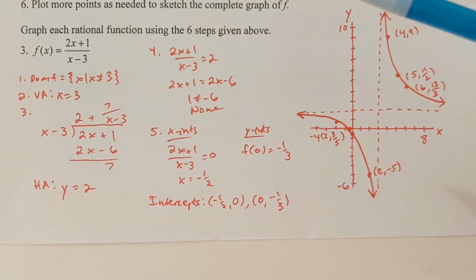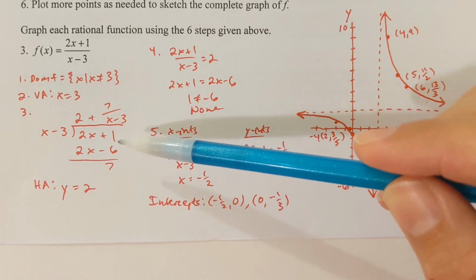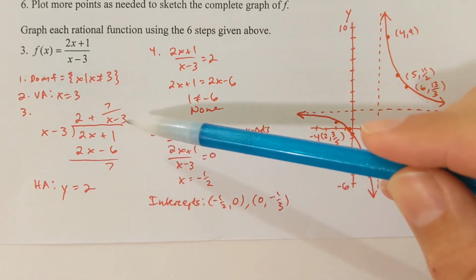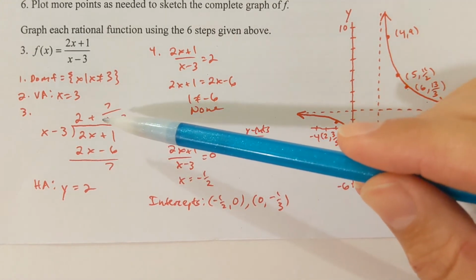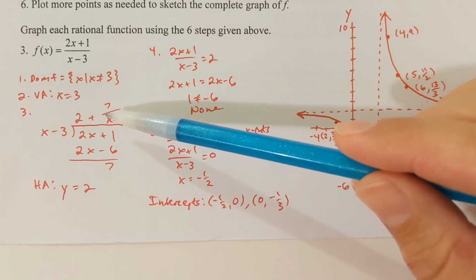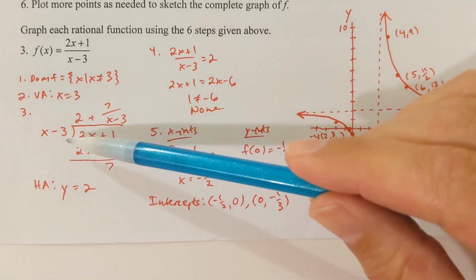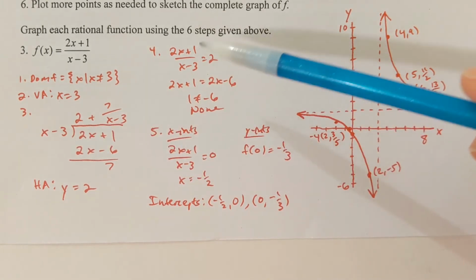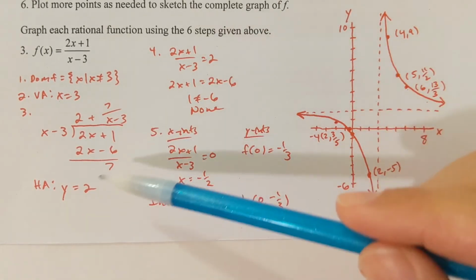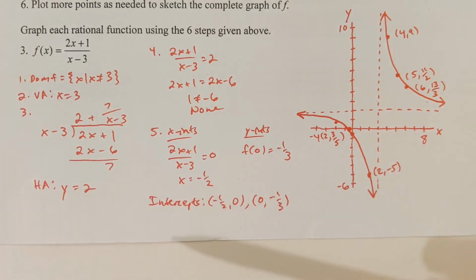2x minus 2x is 0. 1 plus 6 is 7. And so I've got a remainder. I'm going to be adding the remainder, I always add the remainder, 7 divided by x minus 3. Now, here's another reason why y equals 2 is the answer.